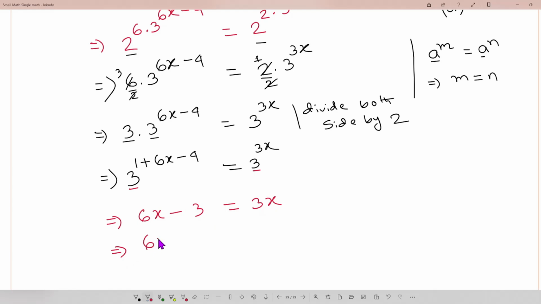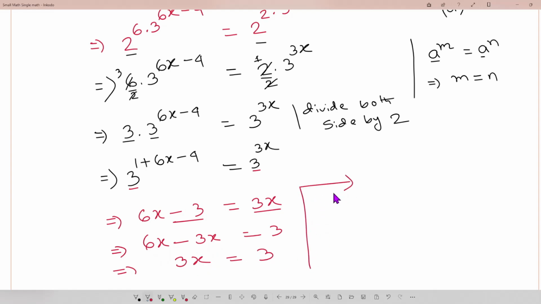Then 6x, this 3x becomes minus 3x, and this minus 3 becomes plus 3, right? So 6x minus 3x will be 3x equals 3.